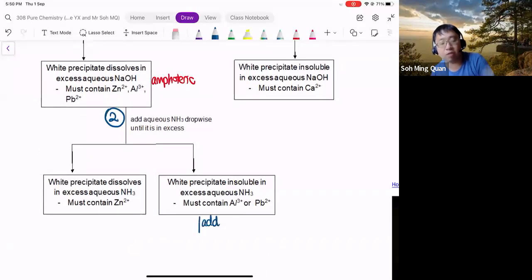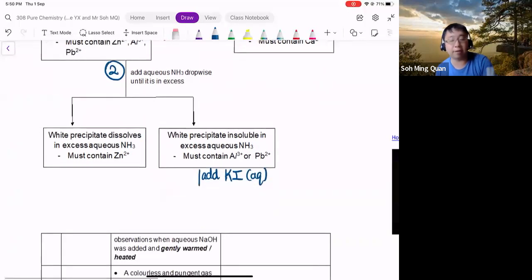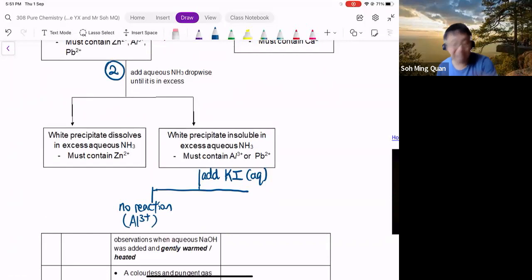To differentiate aluminium and lead, we add potassium iodide. Aqueous potassium iodide can differentiate between aluminium and lead. If there's no reaction with potassium iodide, that means it's aluminium ion. If, however, a yellow precipitate is formed, this is lead.